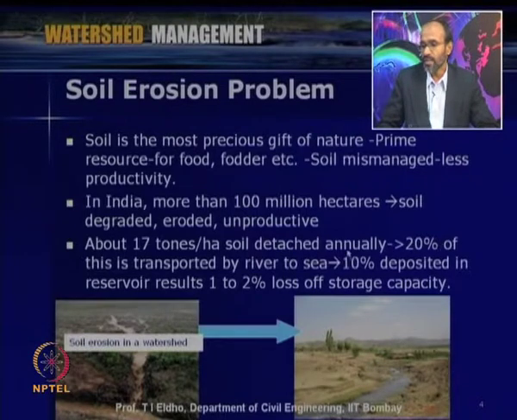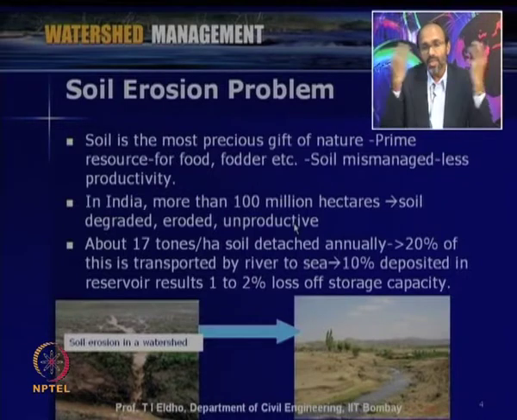About 20% of this is transported by rivers to the sea, and 10% of these sediments are deposited in many of the major reservoirs, which results in 1 to 2% loss of storage capacity.